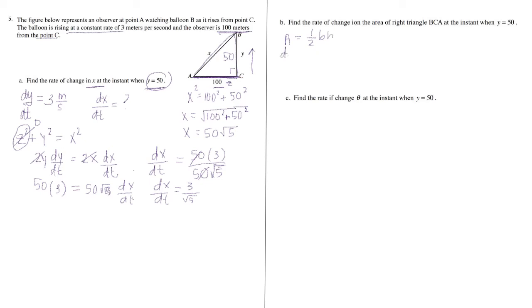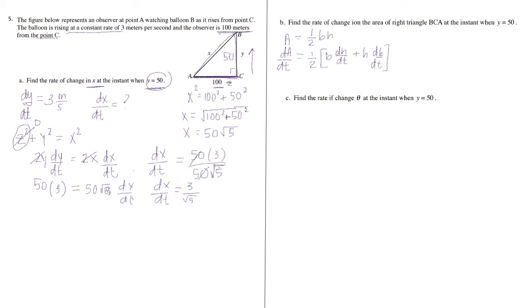And so dA/dt equals, and I would just leave 1/2 sitting out here to the side, just to discriminate it a minute. So we have first times the derivative of the second, so dh/dt, and then plus the second times the derivative of the first, db/dt.